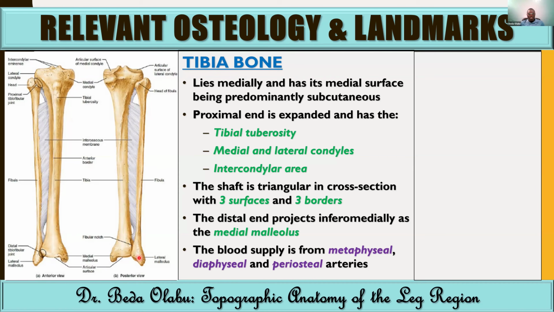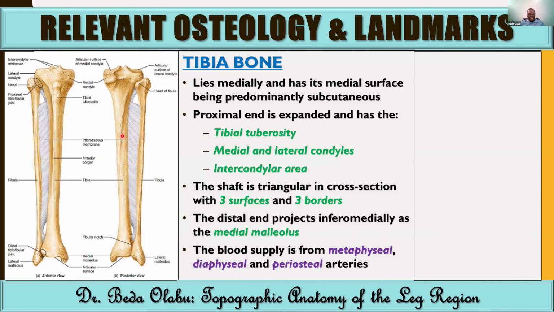The second source of blood supply to tibia and any other long bone is the presence of a diaphyseal artery. The diaphyseal artery is an artery that supplies the shaft of the long bone. Now for tibia, that diaphyseal artery is usually a branch of the posterior tibial artery, and can be a branch of the peroneal artery as well.